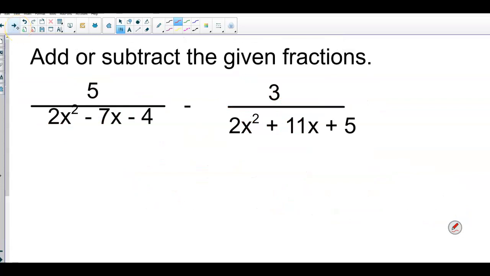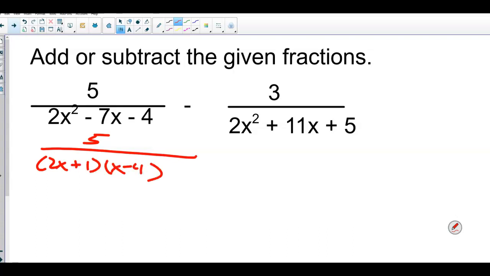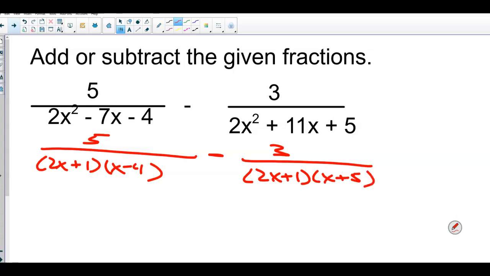What's that? The last one, 2x plus 1, x minus 4, minus 3 over 2x plus 1, x plus 5. All right. We're going to put the x plus 5 on the top. We're going to put the x minus 4, top and bottom here.